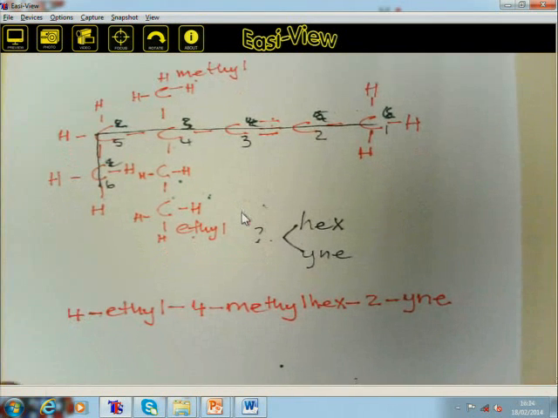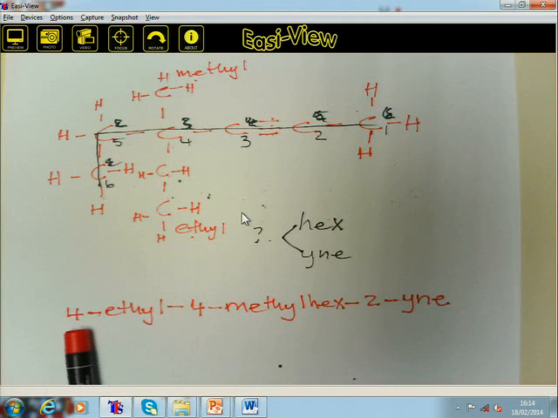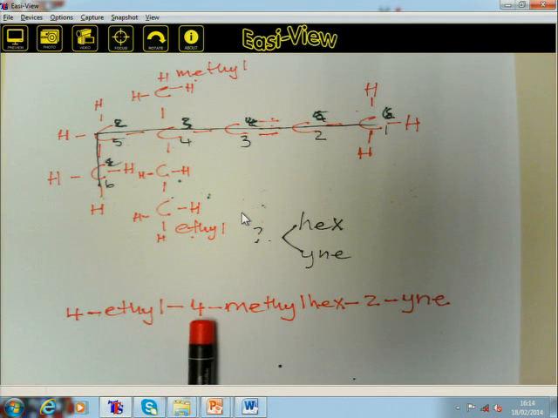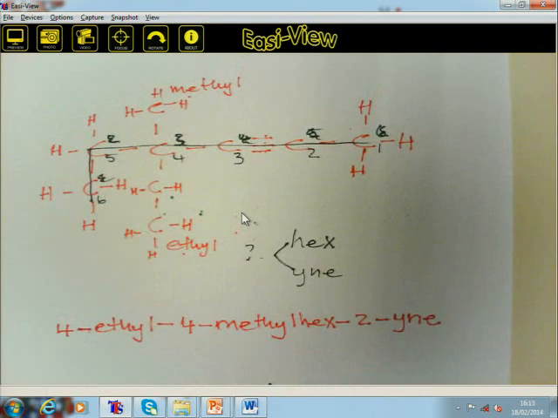All right. So the name for this compound is 4-ethyl-4-methylhex-2-yne. That's the name of this compound.